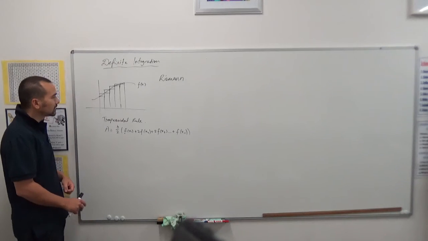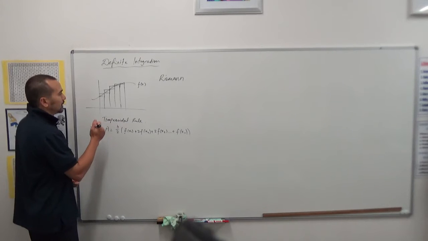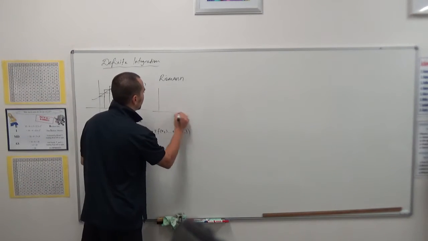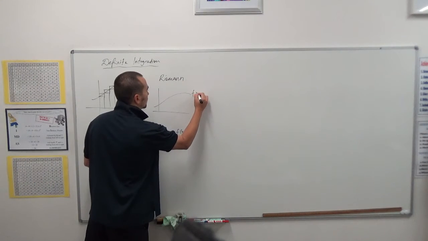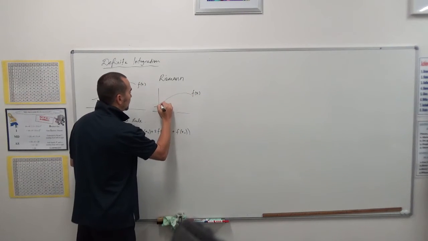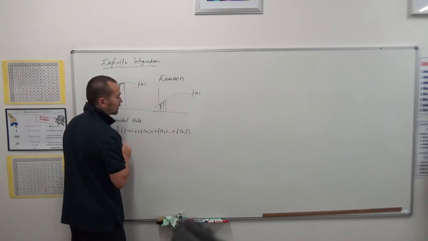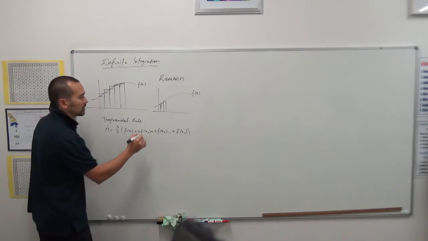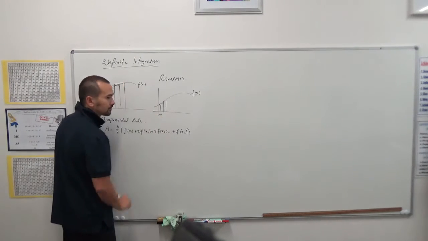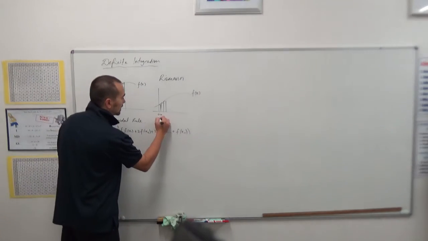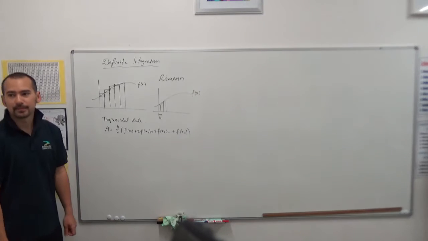But to get it very accurate, basically, Riemann made each of these rectangles really, really small. And so this distance here, we could say is h.